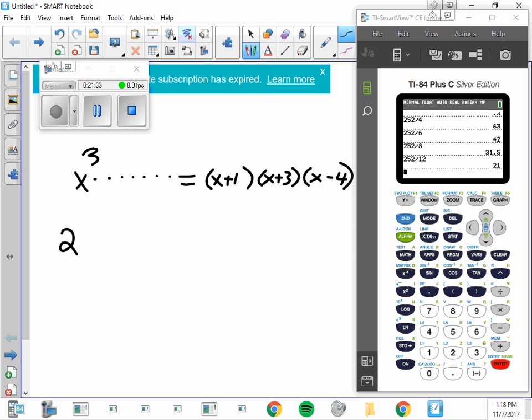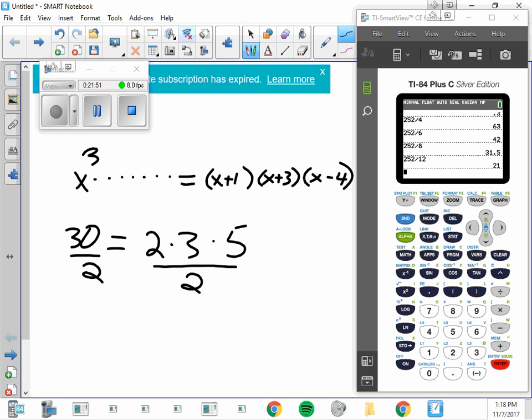If 24 is a bad example, let's do 30. 30 is 2 times 3 times 5. Agreed? Well, if I divide both sides by 2, then that 2 cancels, and I get 15 equals 3 times 5.